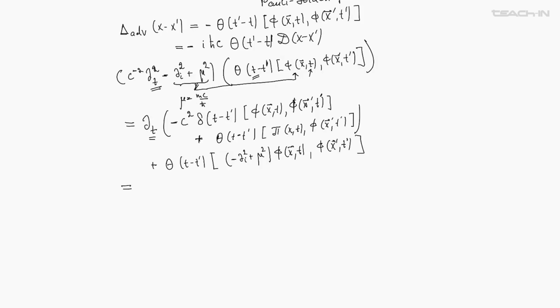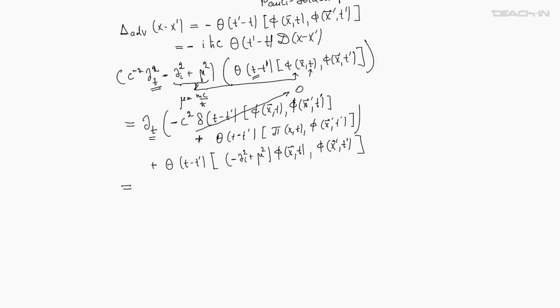So we go to the support of the delta function. But in this case, when t is equal to t prime, we have an equal time commutator of two quantum fields phi. And we know from their canonical commutation relations that for t equal to t prime, this commutator vanishes. And so the whole term produces a vanishing contribution. We can just drop it.